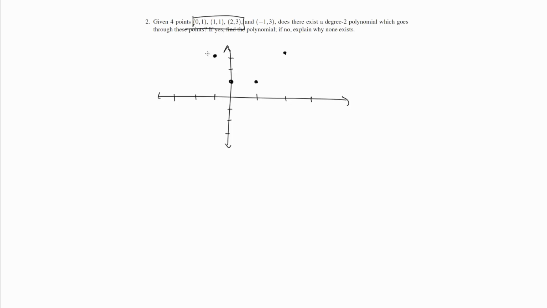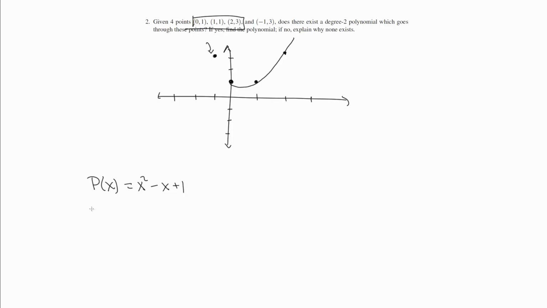In the previous problem, we found a polynomial that passes through the first 3 points. And it looks something like this. Now, let's see if our previous polynomial, whose equation is x squared minus x plus 1, passes through this fourth point here.